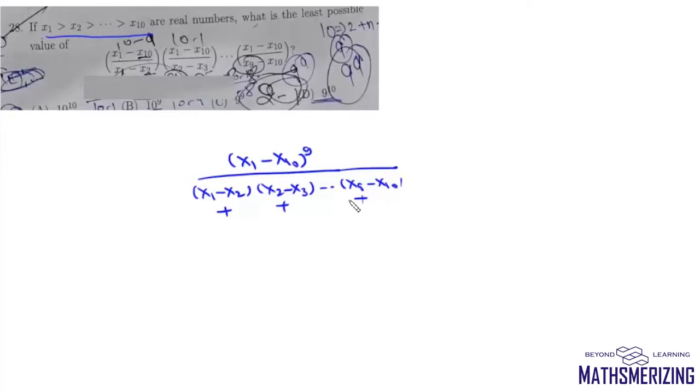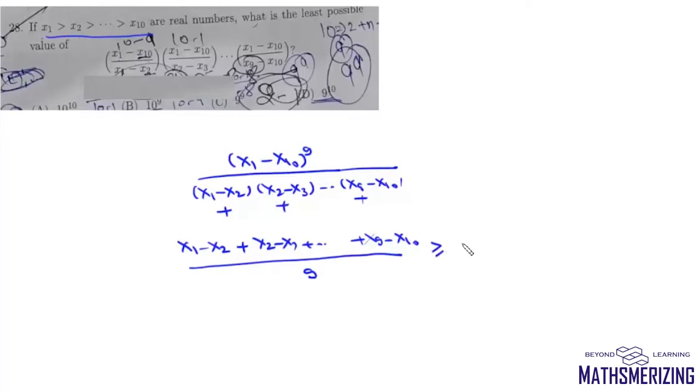Now if we find the arithmetic mean of these 9 numbers, it will be (x1 minus x2 plus x2 minus x3 up to x9 minus x10) whole divided by 9, which is greater than or equal to the geometric mean, (x1 minus x2) into (x2 minus x3) up to (x9 minus x10), whole to the power 1 by 9. Now here all these numbers cancel, so we'll get (x1 minus x10) upon 9.